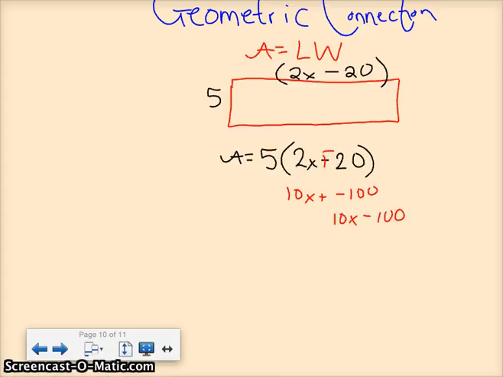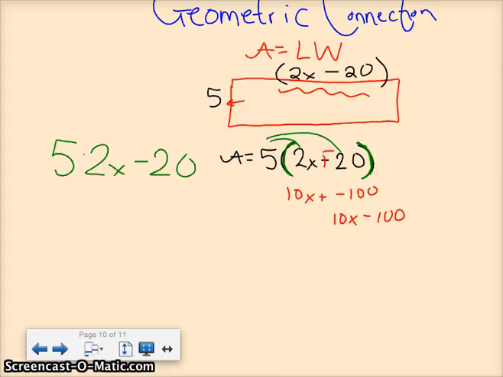So notice, area, just to summarize, area of a rectangle is length times width. To find the area, you do the length times the width. If the width is more than one term, you need to make sure that you put parentheses around there so you know that you have to times 5 to everything inside. 5 is not only, it's not, if we wrote it like this, what does order of operations tell you to do?